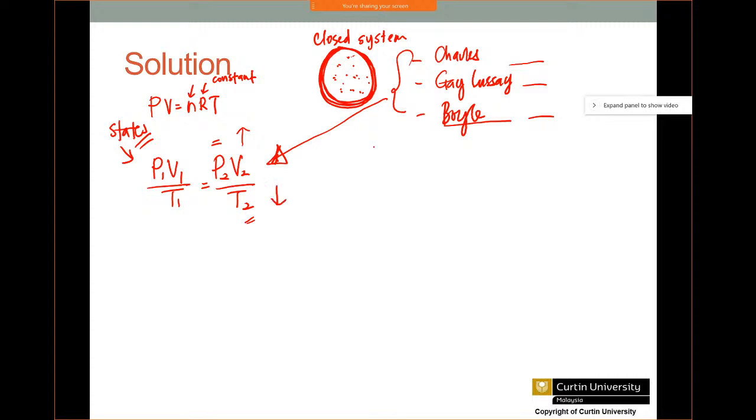It will be decreased. This is the relationship from these three laws. So when it comes to ideal gas, if you are asked to look for the states of the gas, you can start from this.